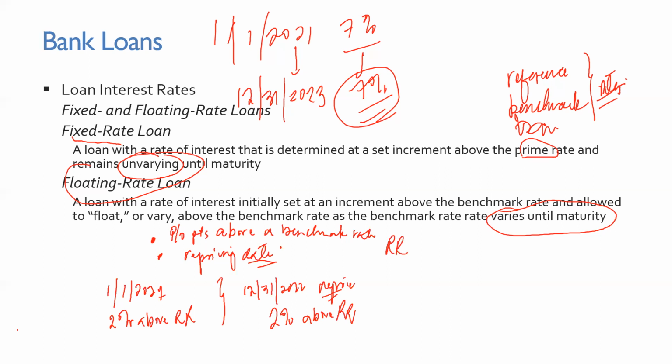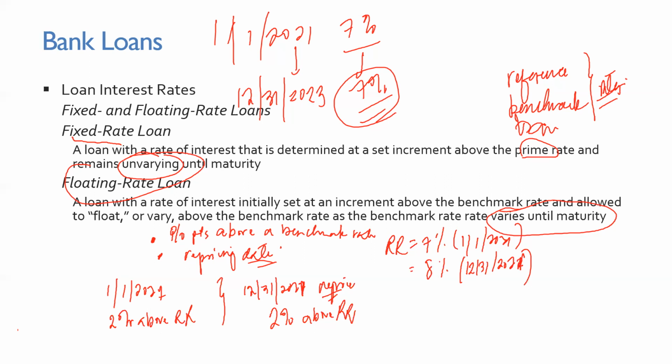Assuming the reference rates are 7% on January 1, 2021, and 8% on December 31, 2021, what will be the applicable interest rates?